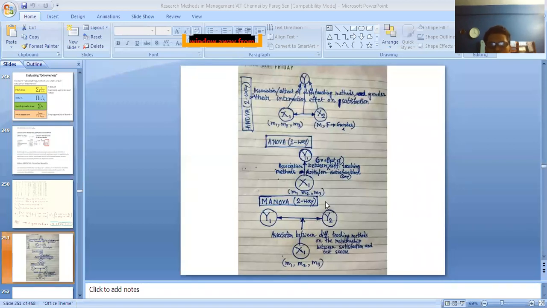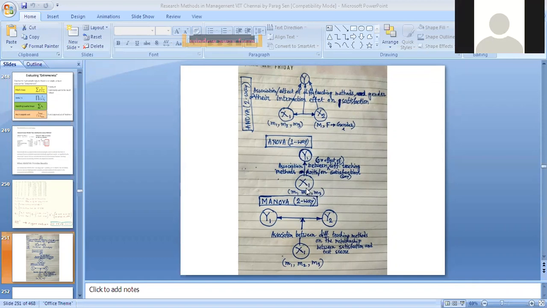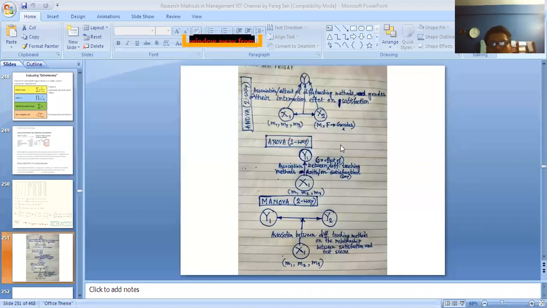Okay. So you are trying to find out what is the effect of different teaching methods on test score, or whether the teaching methods are statistically significant or not. Okay. Or what are the effects or influence of different teaching methods on test score, that you are trying to find out.